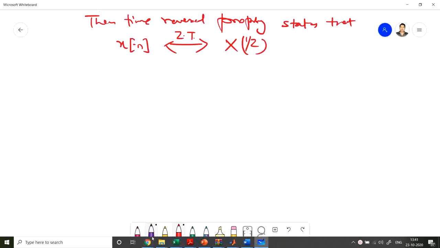Next property is differentiation in z domain, or multiplication by n property.